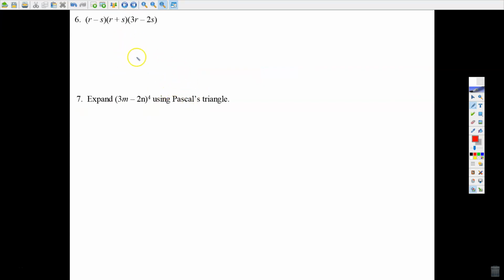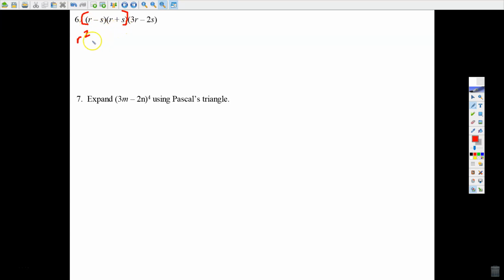All right, for number 6, this is multiplication. And so we're going to do the FOIL method. Really doesn't matter how you group these, but it does work out better if you group these first two together first and use FOIL. So I'm going to multiply first together, r times r, that's r squared.